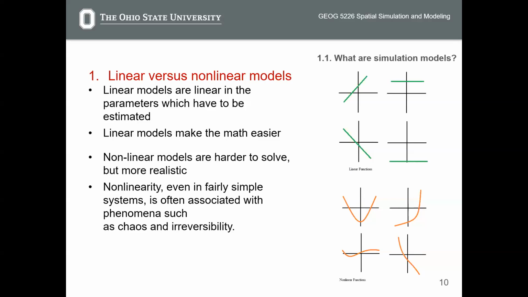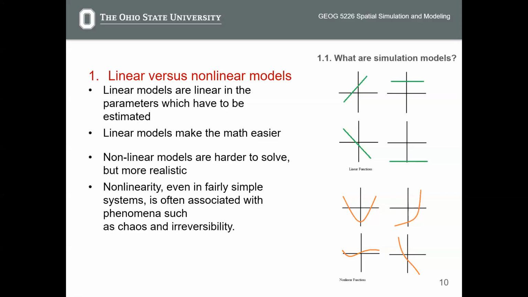But the disadvantage is that sometimes they're just too complex to create, or you can only partially describe a phenomenon. You cannot use a nonlinear relationship to predict the state of the system in the future because of chaos or irreversibility.